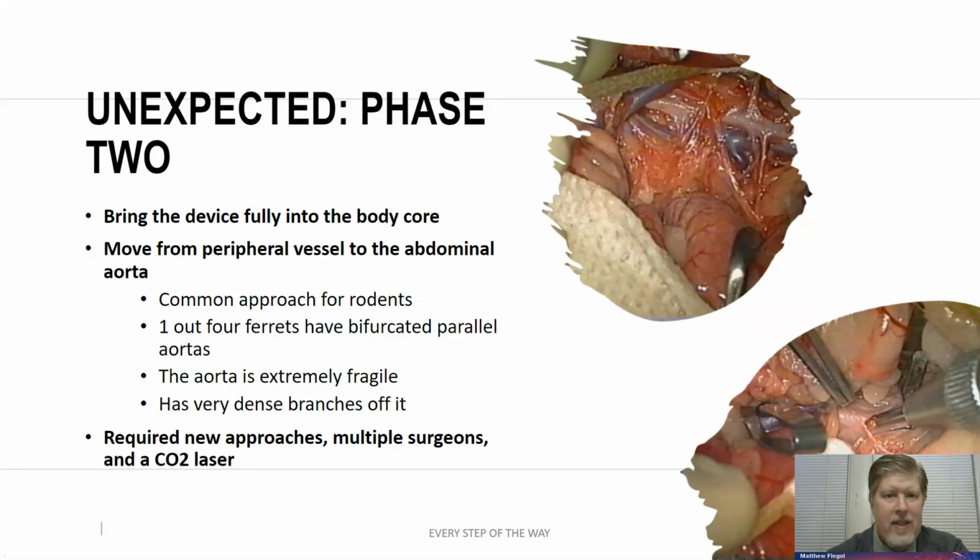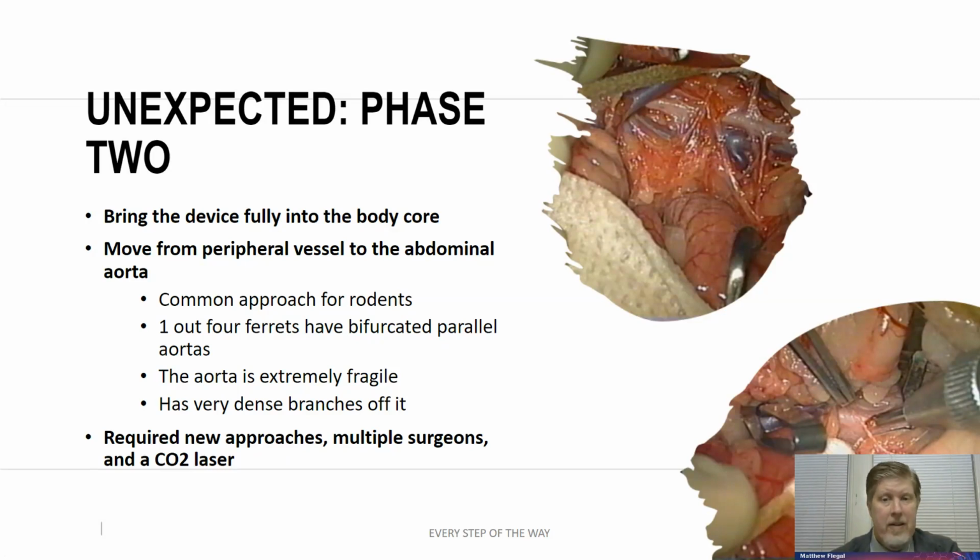And so in this case, one of the things we found, not represented in the textbooks or literature, is that roughly 1 out of every 4 ferrets we worked with didn't have one aorta. They had 2 of them. They were bifurcated, running in parallel. Additionally, also atypical, the aorta itself was extremely fragile and filled with various branches coming off of it.